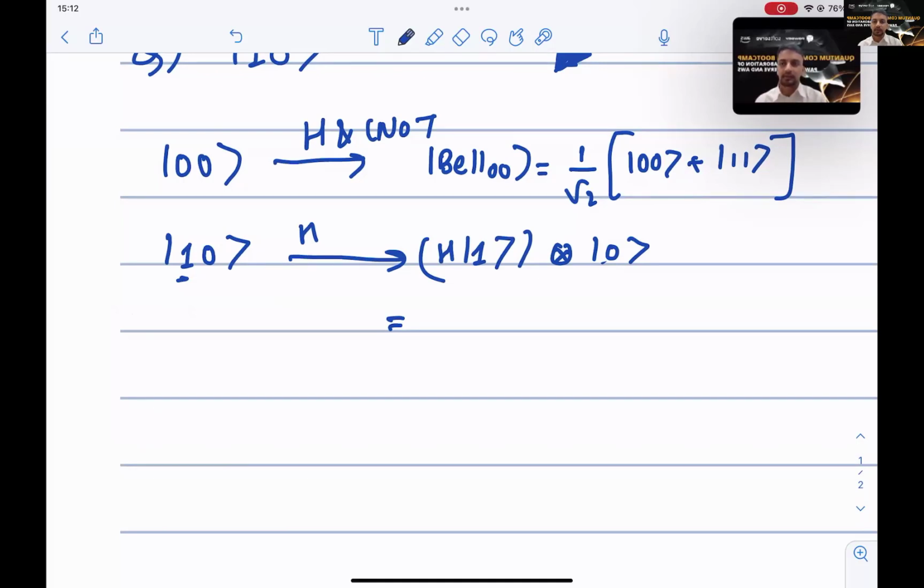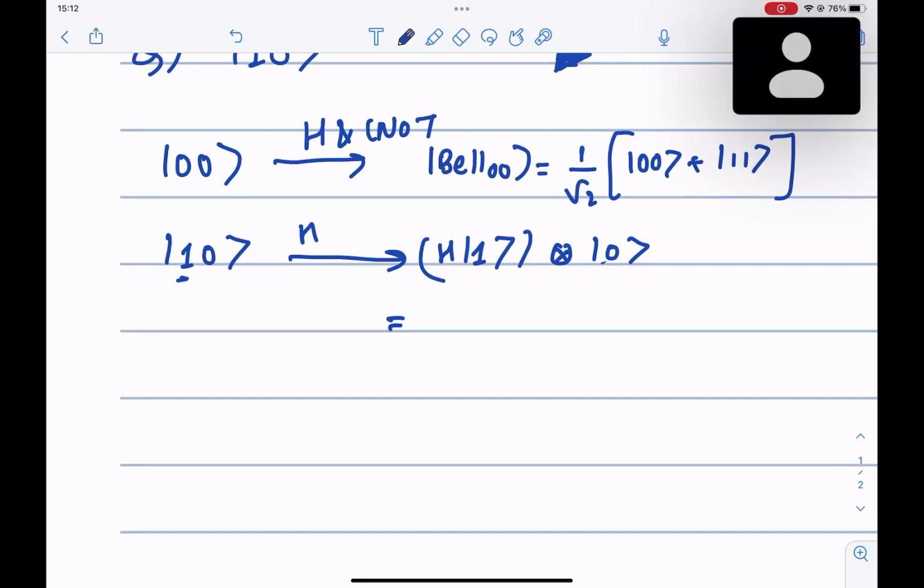Can someone tell me what happens when I apply Hadamard on the state 1? If we don't go through this, I can't go through the Deutsch-Jozsa algorithm lecture. Anyone? Any guesses?